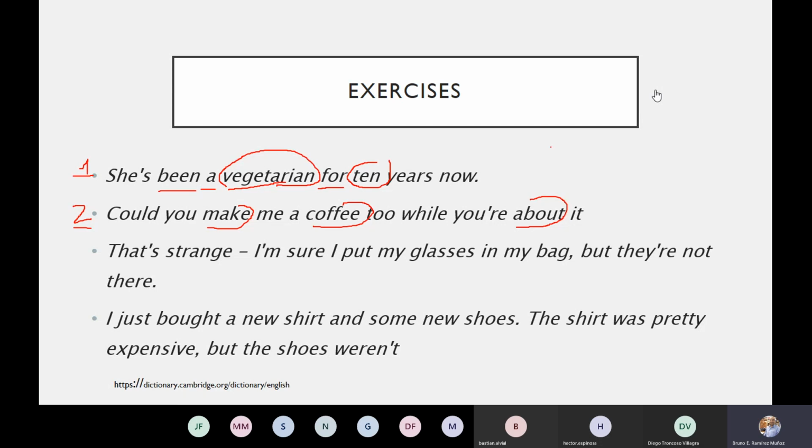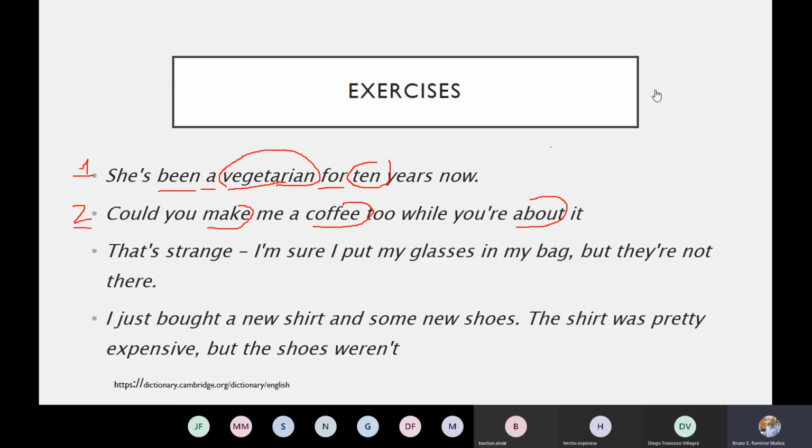So they are not considered strong forms either, but they have only one way to be pronounced. It's always going to be I'm or they're or we've, and they don't have any other way to be pronounced. And in the last section, but they are not there.